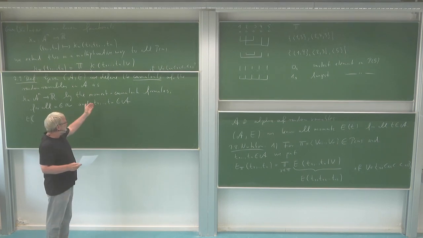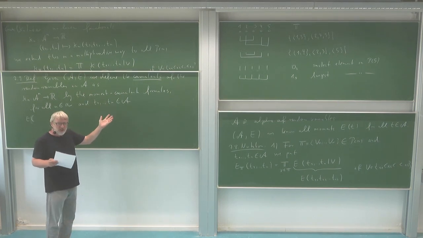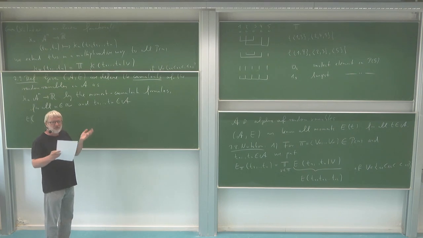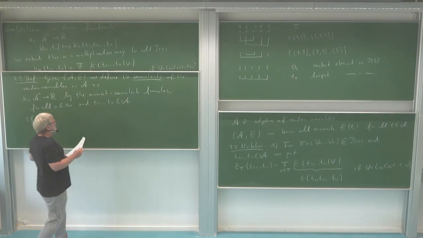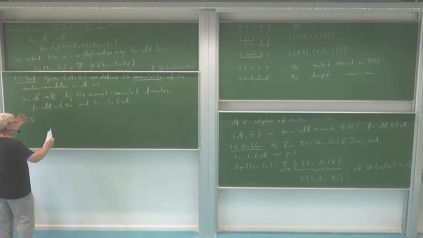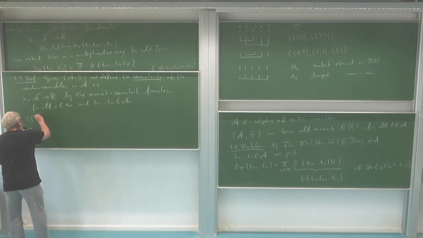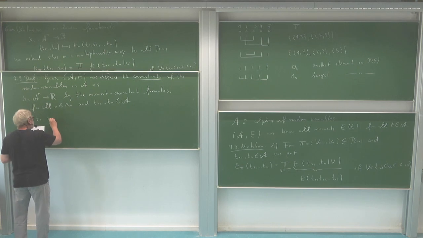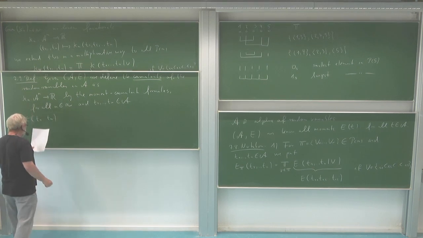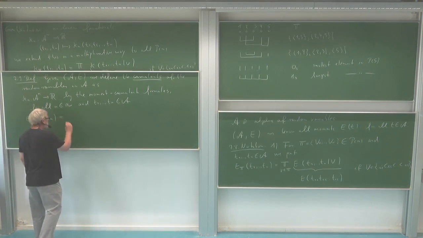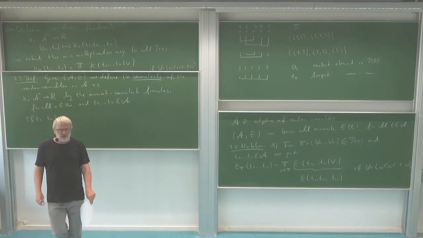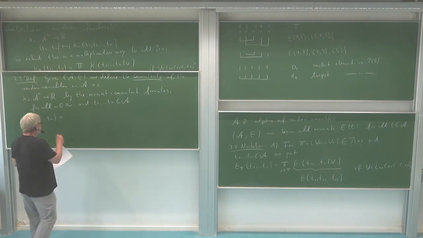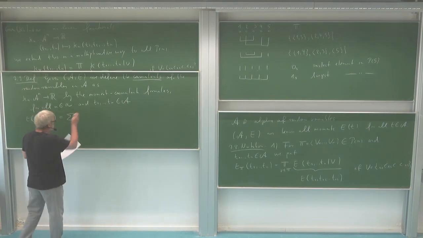They are just elements from A. So all the t's could be the same, but they could also be different, and some of them could be the same, some of them different. So I just denote them in general by t1 up to tn. I'm looking at the product of t1 up to tn, taking the expectation. And this can be written in the cumulants by this formula, which is a combinatorial formula.